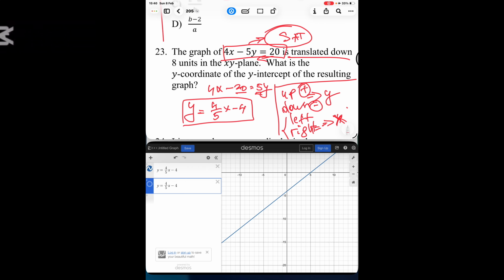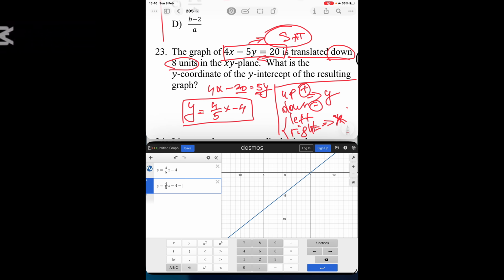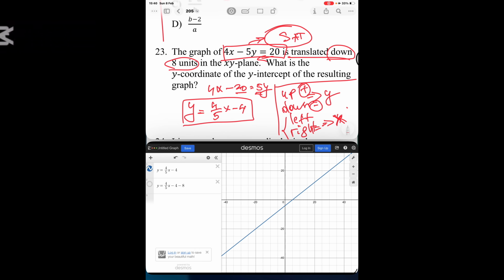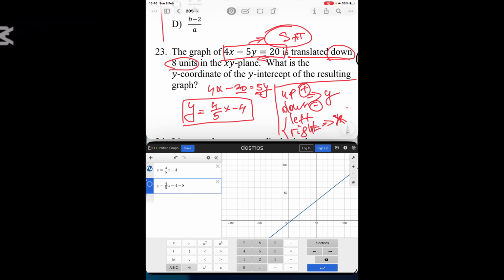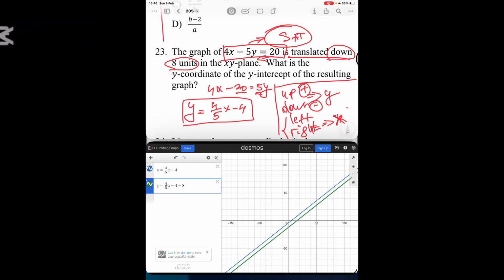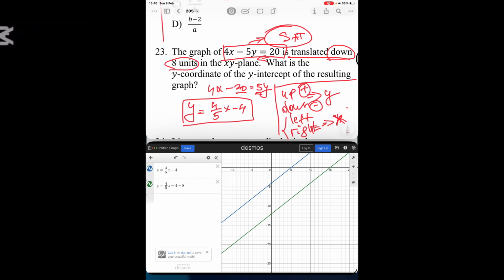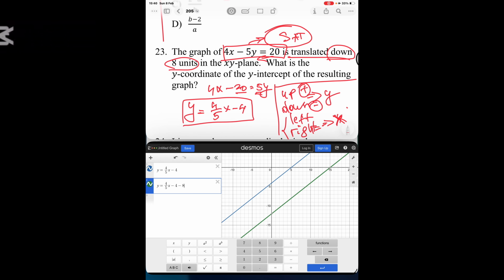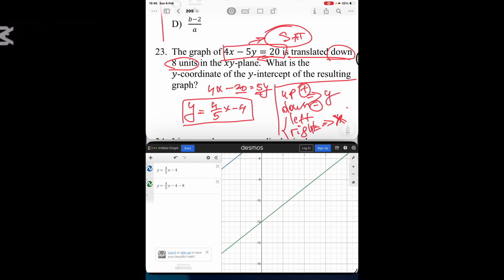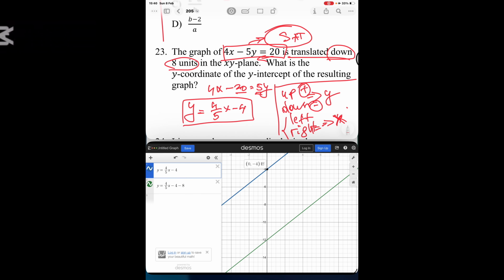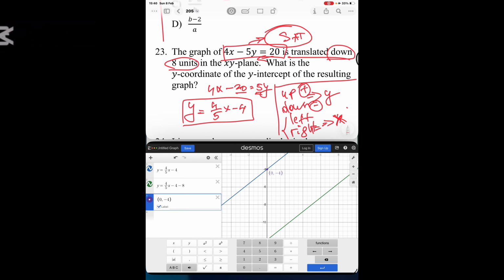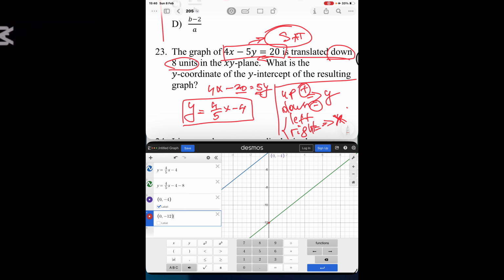At this point, it says 8 units down, which means you simply subtract 8. When you graph this expression, as you can see, without minus 8 it was like this. It's now translated 8 units down. Here it shows minus 4, right? Now when we label them, another point shows minus 12.